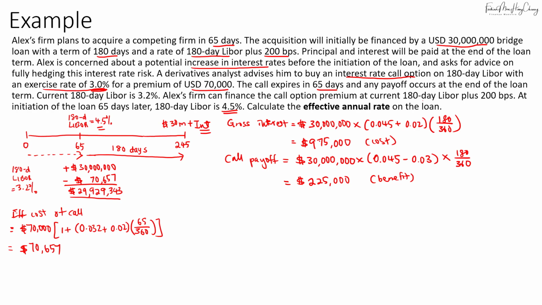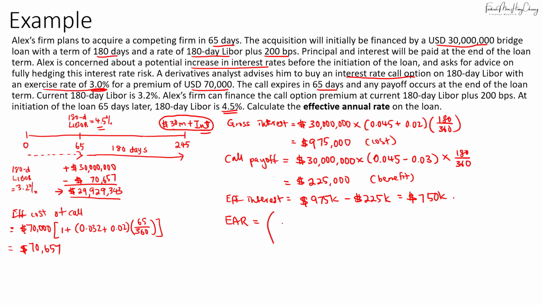So effectively, how much interest did Alex's firm pay? The effective interest paid will be 975,000 minus 225,000, so effectively the interest is 750,000. The effective annualized rate will be the FV, which is the principal plus interest, against the PV, and then we calculate it over this number of days.